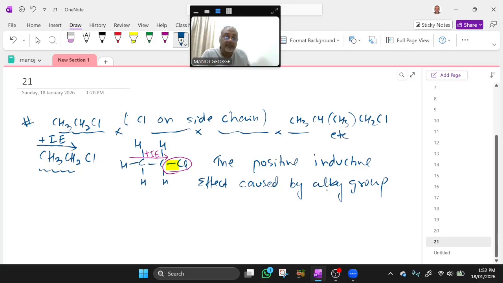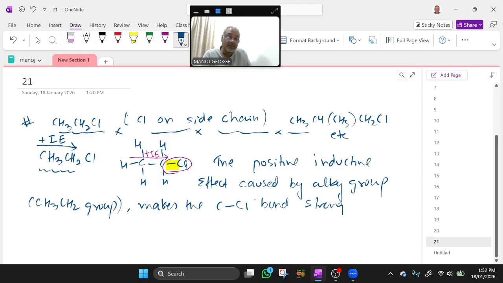You can say the CH3CH2 group, because we are discussing chloroethane, that is the alkyl group. If I give you some fancy compound, you will say alkyl group, don't say CH3CH2. Caused by alkyl group makes the CCl bond strong. You still have to say strong, but you have to make a comparison: but not as strong.